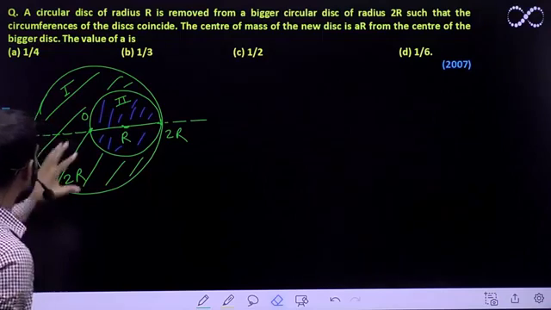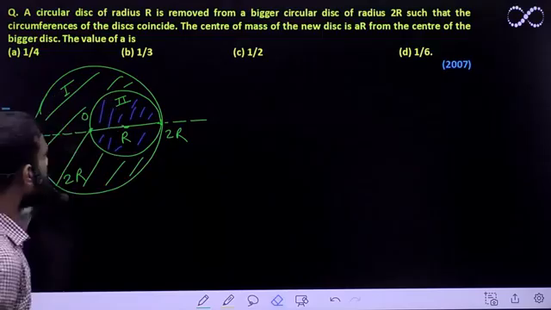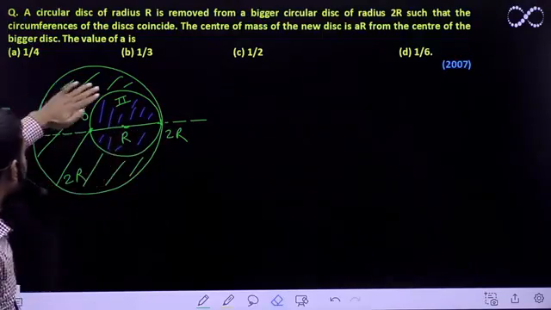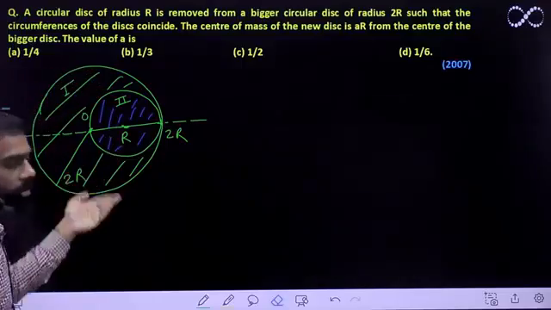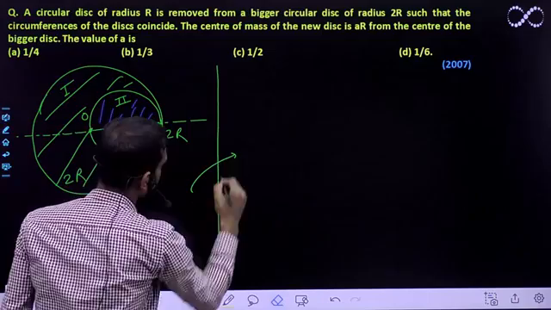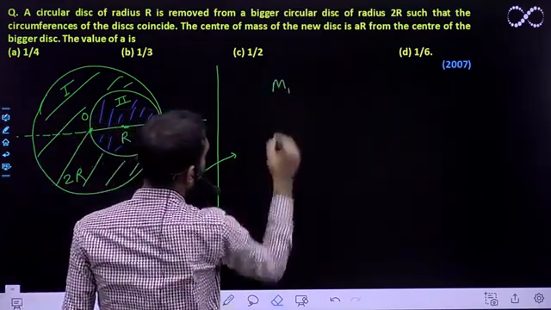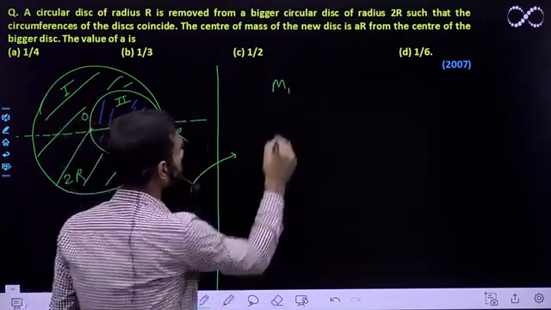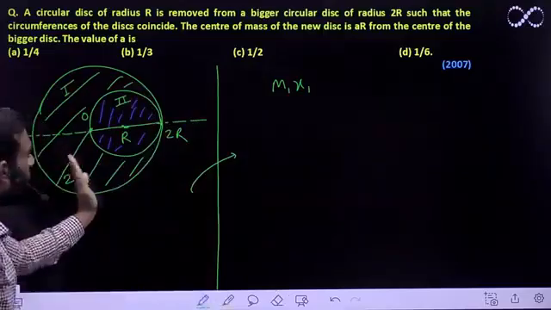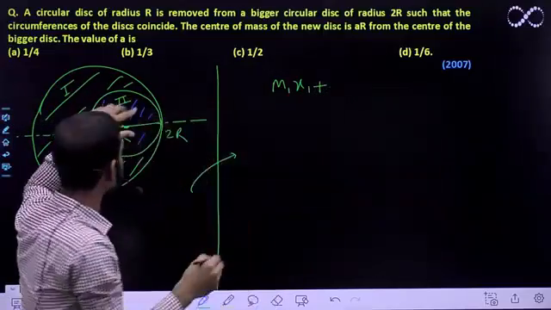As you all know, the center of mass of part 2 will be at this point, that is at the position R, and the center of mass of part 1, this I don't know. So let us apply the center of mass equation. I can say m1 x1 plus m2 x2, where m1 is the mass of part 1 of the disc and m2 is the mass of this part.